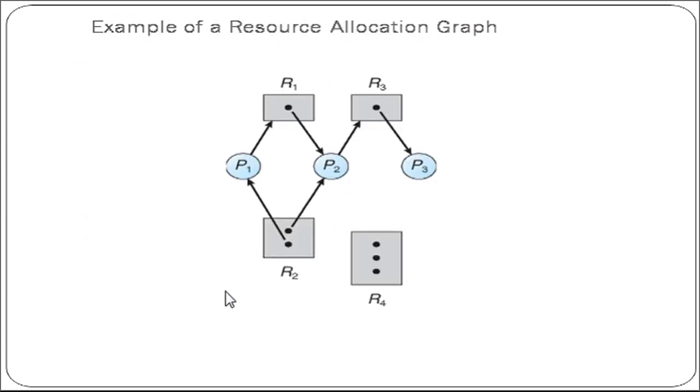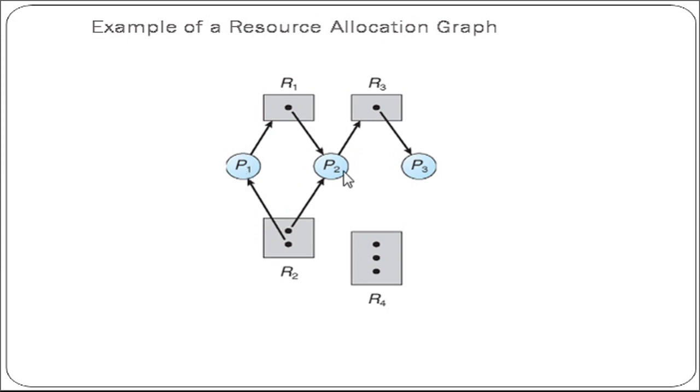Here, consider an example of a resource allocation graph. In this example, there are 3 processes and there are 4 resources. The resource R1 has a single instance, R2 has 2 instances, R3 has a single instance and R4 has 3 instances. Now, process P1 is requesting resource R1 and process P1 is allocated resource R2.